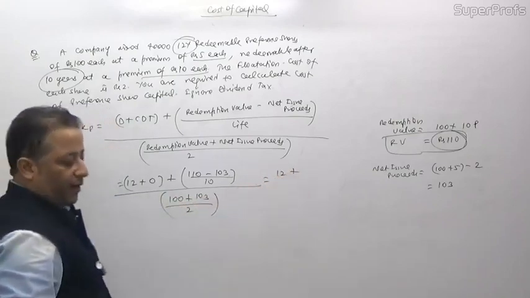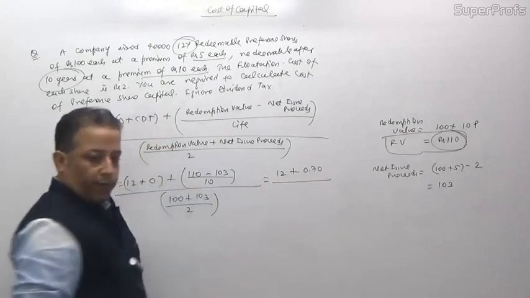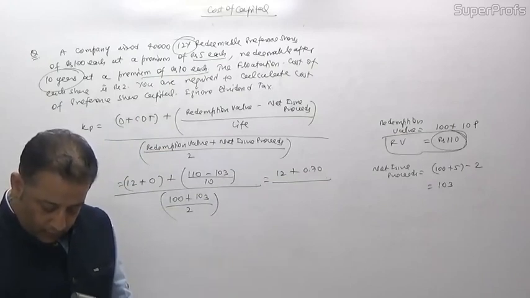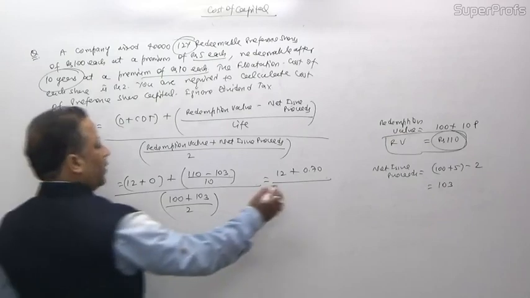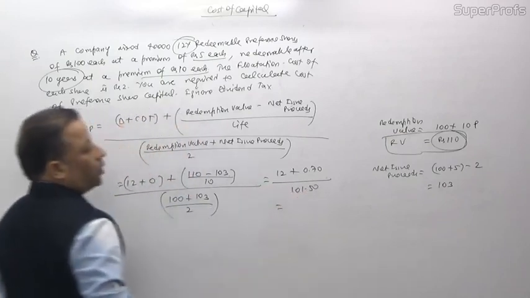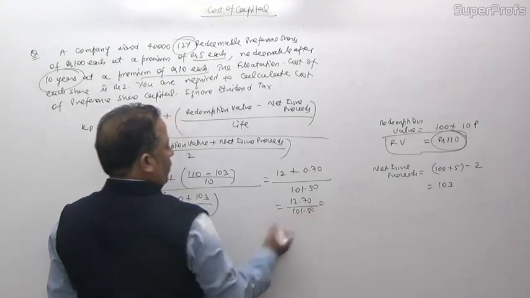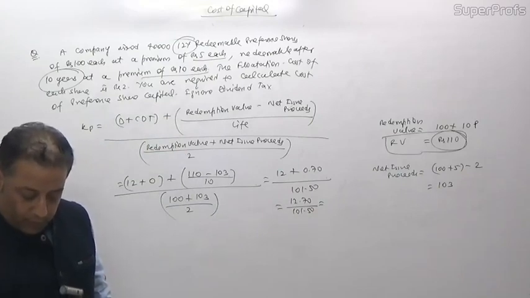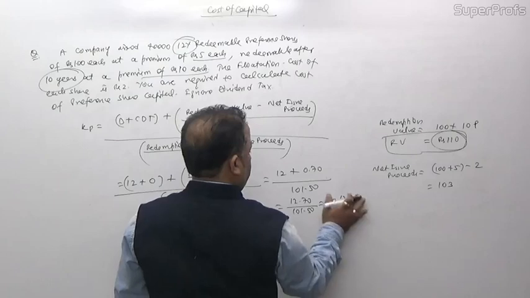12 plus 7 divided by 10, that is 0.70. 100 plus 103 divided by 2 is 101.50. 12.70 divided by 101.50 is 0.1248, that is 12.49.